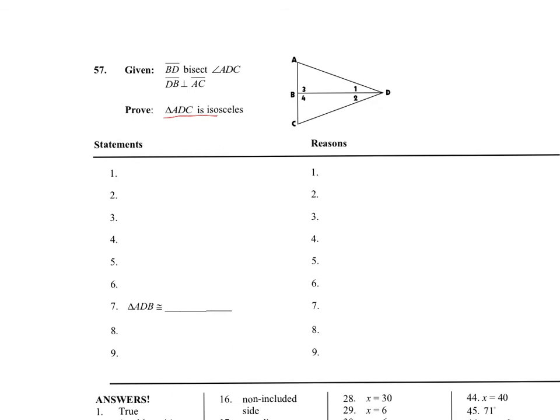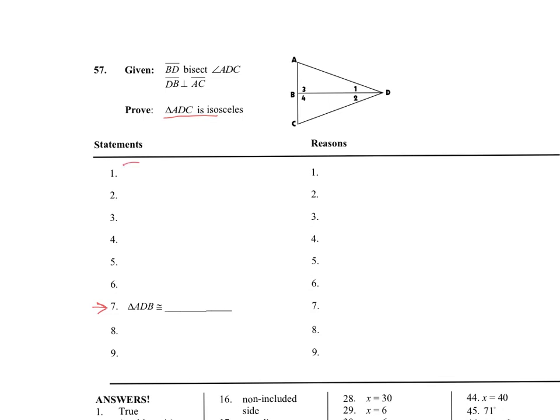And if we're looking for that, we know what we need to do. We either need congruent sides or we need base angles to be able to make that happen. And you can see that it gives us a little indication here that we need to get the triangles congruent first. So let's try that by starting with our given information.